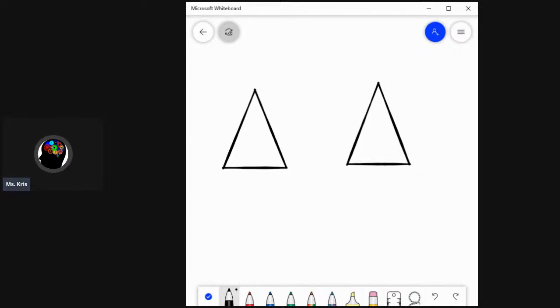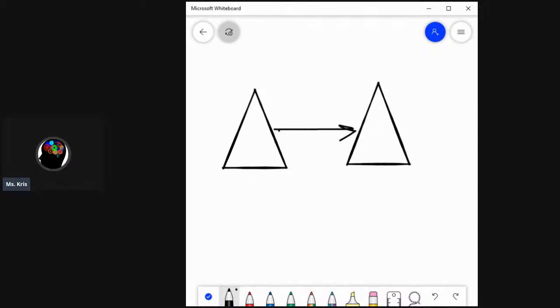First thing you would notice is that some triangles have what we call translation or slides, meaning that the triangle can be moved in different directions.